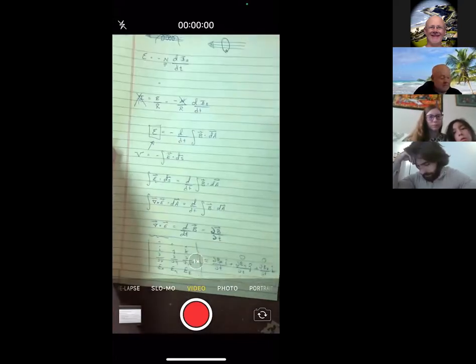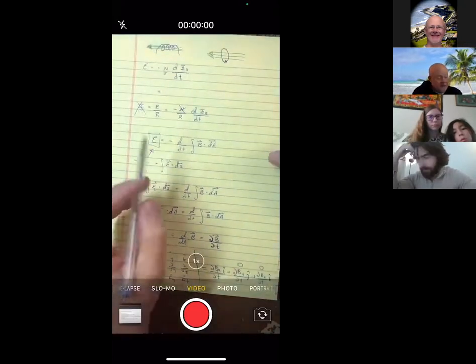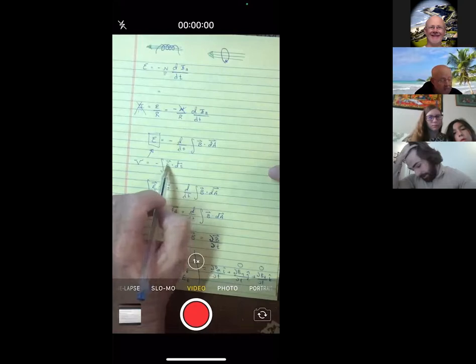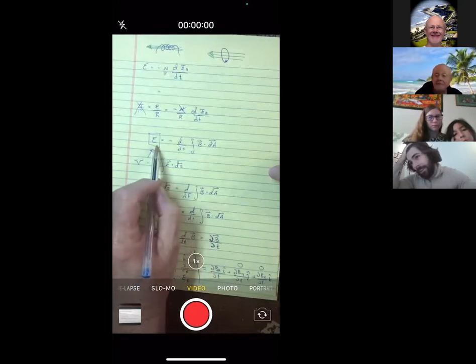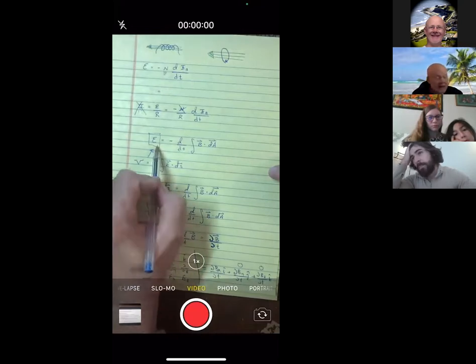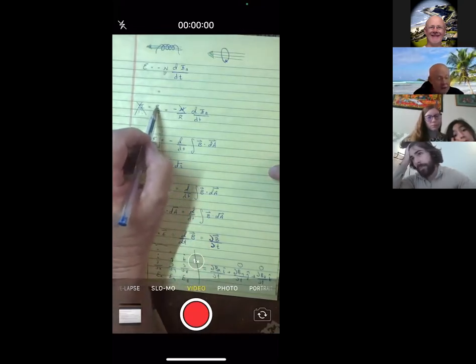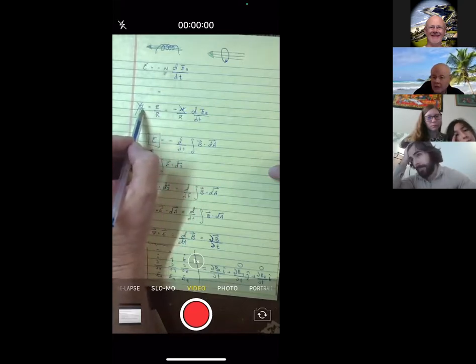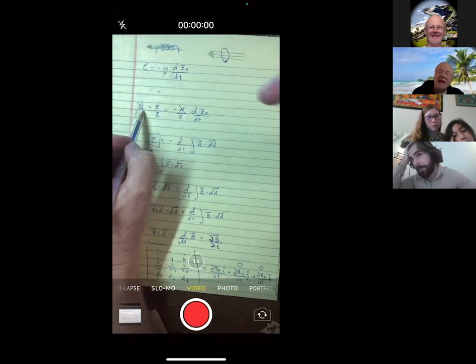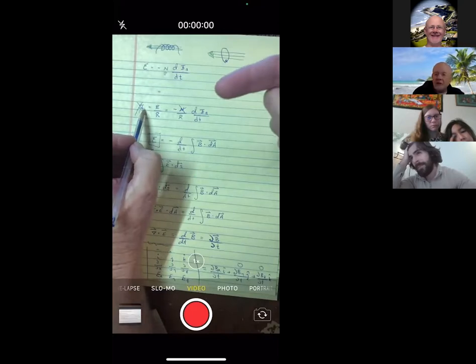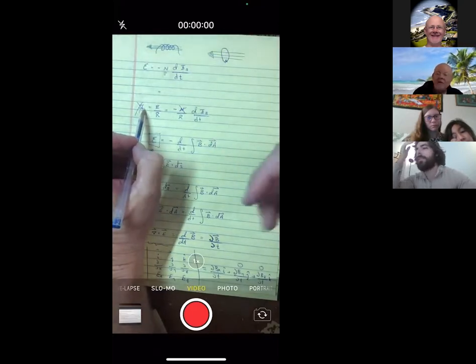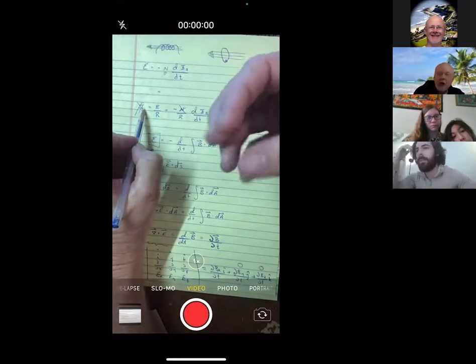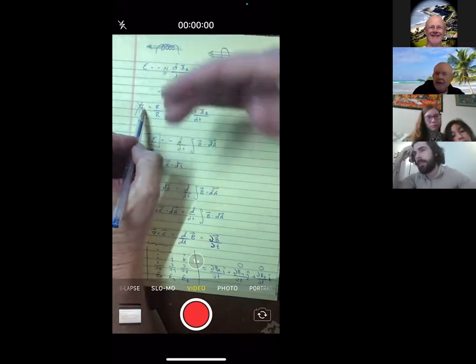Then that electric field would make an EMF. That EMF would then make a current. That current makes a secondary magnetic field. And the direction of it is such that it opposes.